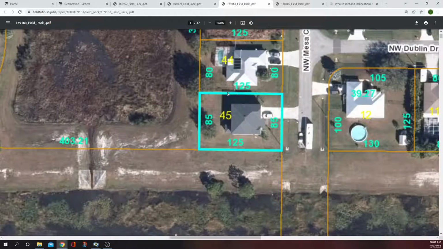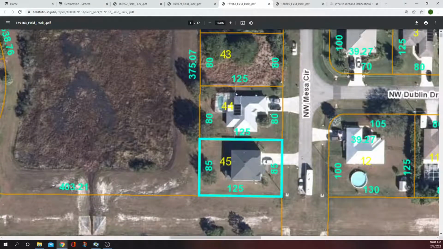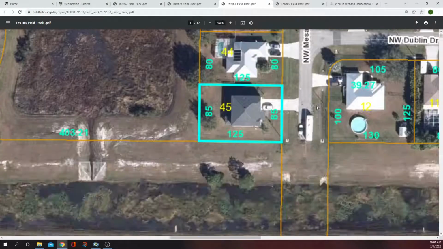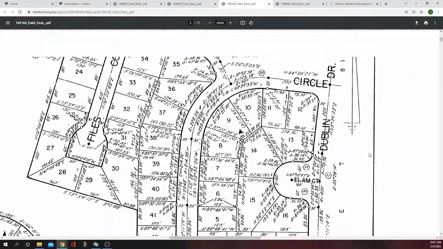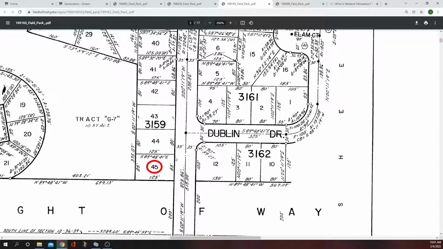I see a fence here, a fence here. There's always something to show you what this lot is occupying. So I would line up on whatever the occupation is, measure 35 feet from the center line because that's what the plat calls for, and then start looking in that area.